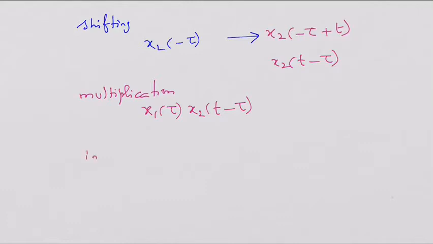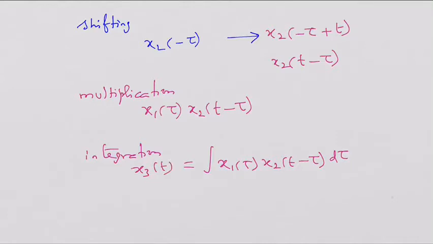The final step is integration. During integration, the product x1 of tau into x2 of t minus tau is integrated with respect to d tau, and this gives me the result called x3 of t, as you all know.